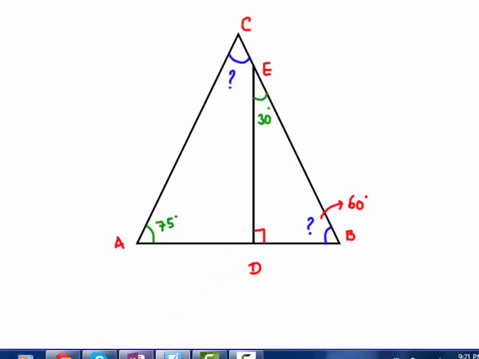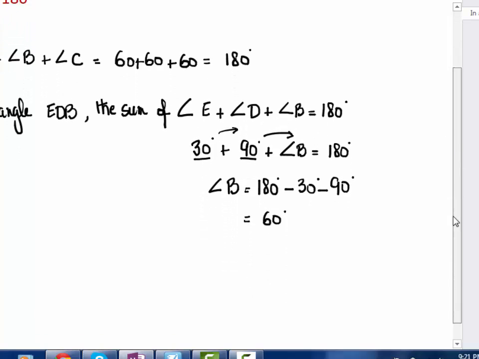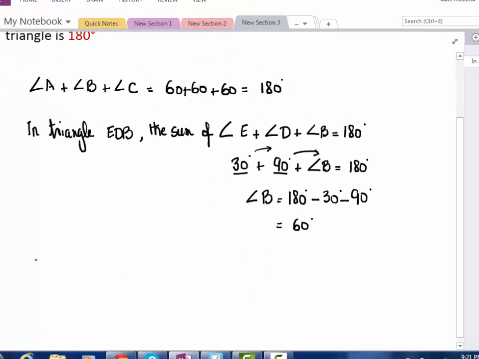So again I go back and I say, in the big triangle ABC, the sum of angle A plus angle B plus angle C equals 180.